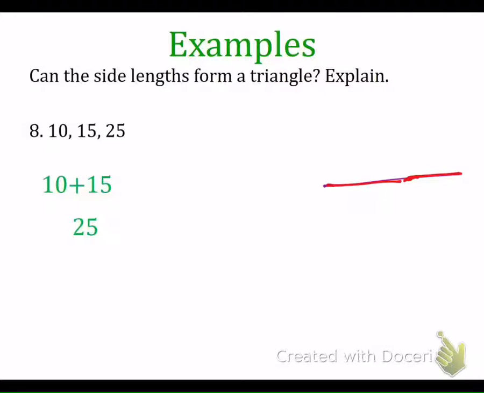And they just touch each other, but is that a triangle? No, it's still not. They would just lay on top of the other side. So this isn't going to work. It has to actually be bigger. Equal does not work.